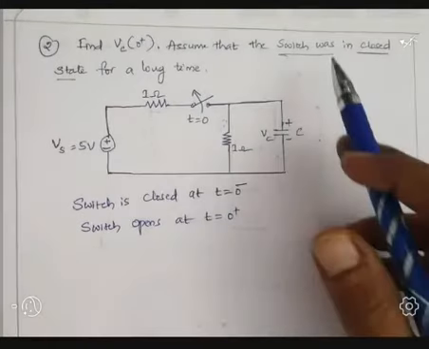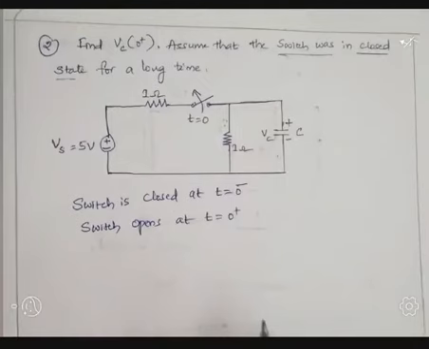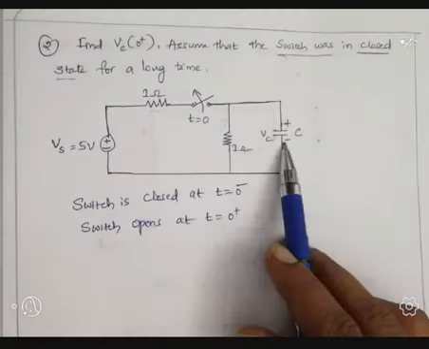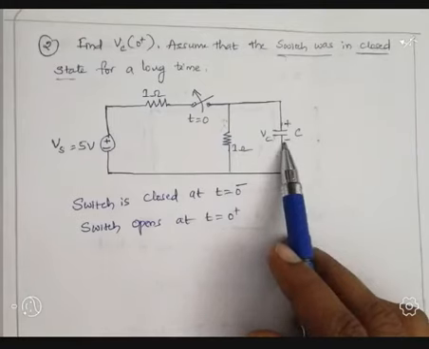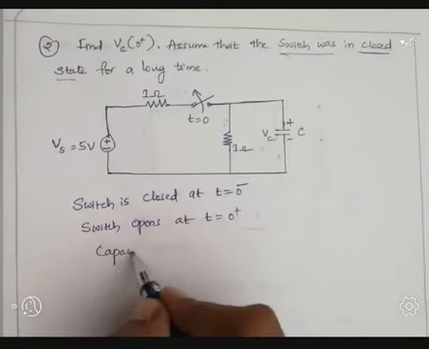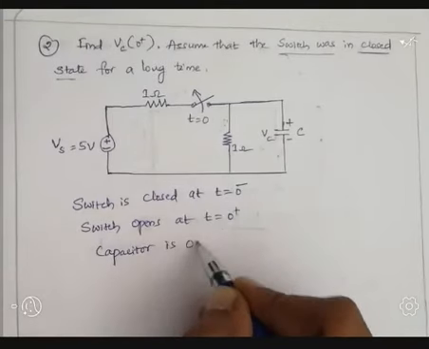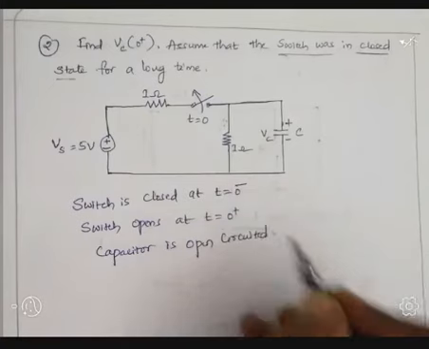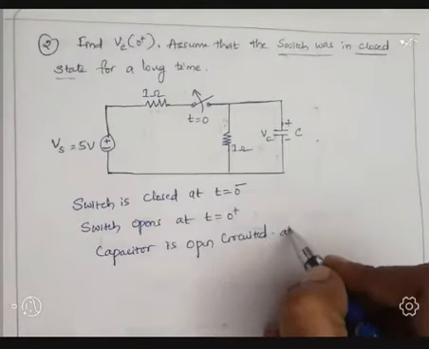Since the circuit is in steady state with the switch closed, these two values we have written as per the given data. Now the capacitor is represented as an open circuit. Why is it represented as an open circuit? I already told you, the capacitor acts as an open circuit in the steady state. So because of that reason, the capacitor is open circuited at t equal to 0 minus.